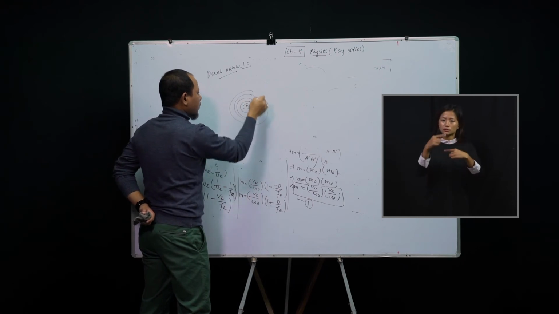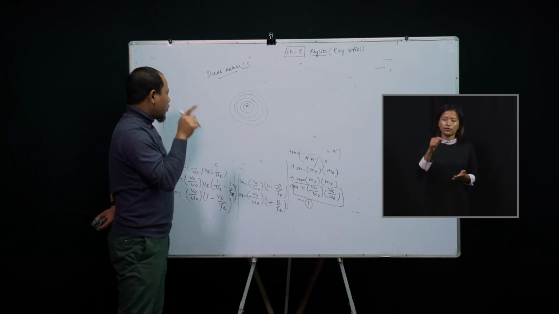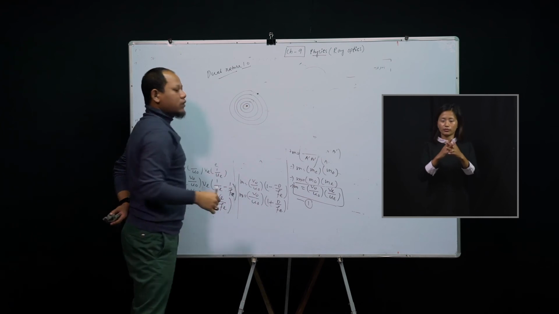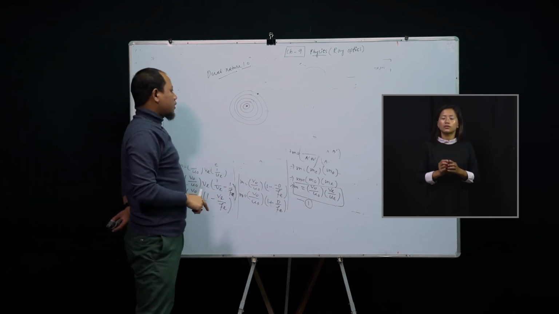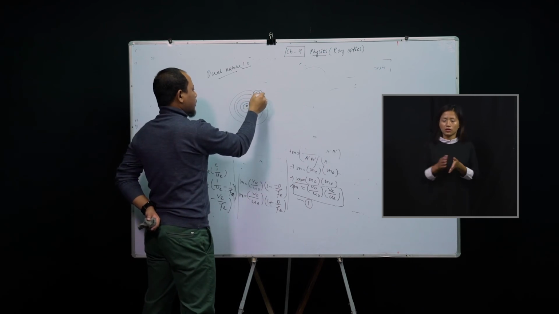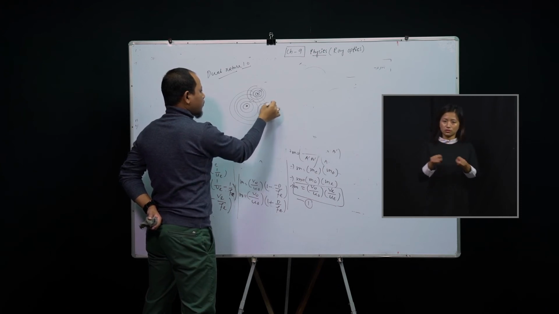According to Huygens' principle, every point on this wavefront, suppose I consider one point, meaning one particle, every particle on the wavefront will be a new source of wavelets like this. If I consider another particle, here also we get different wavelets.